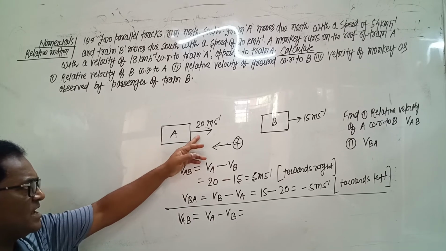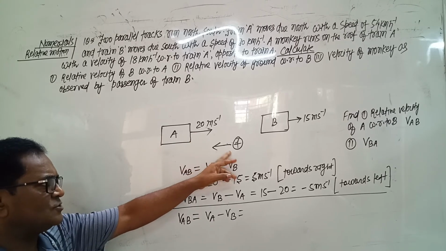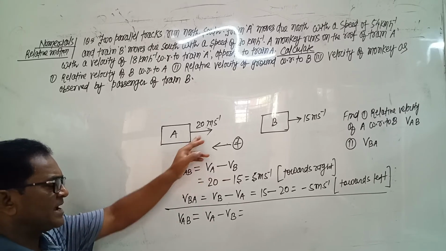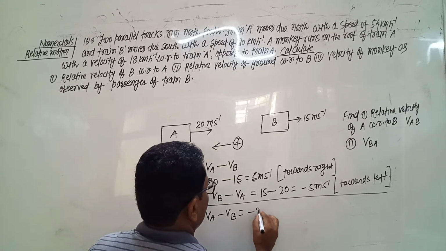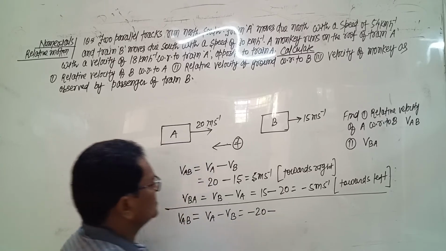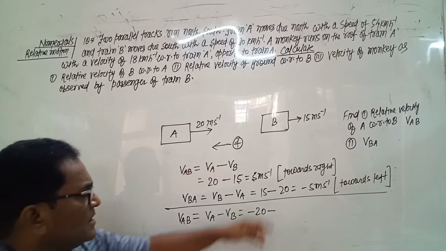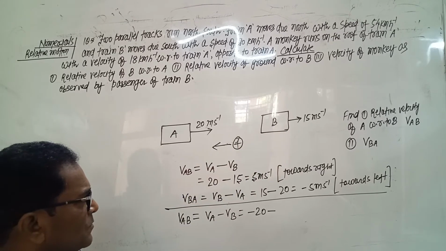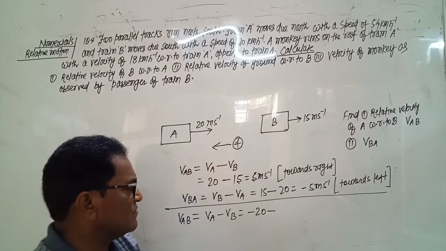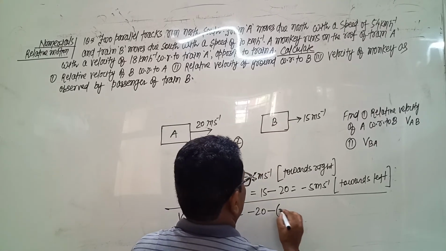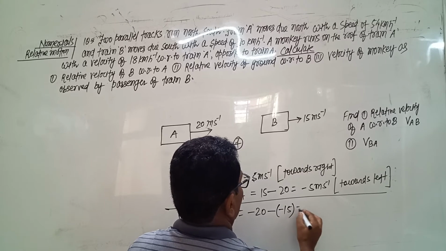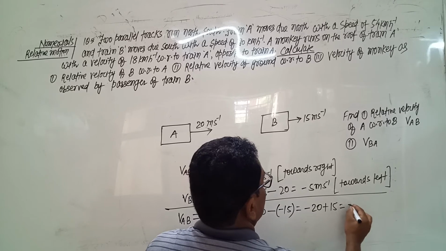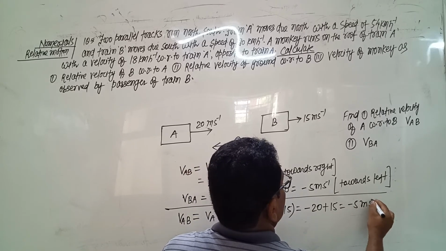The direction of car A and our assumed direction are opposite to each other, so it is taken as minus 20, minus VB. The direction of B and our assumed direction are again opposite, so the velocity of B is also taken negative, minus 15. The result is minus 20 plus 15, which is minus 5 meter per second.